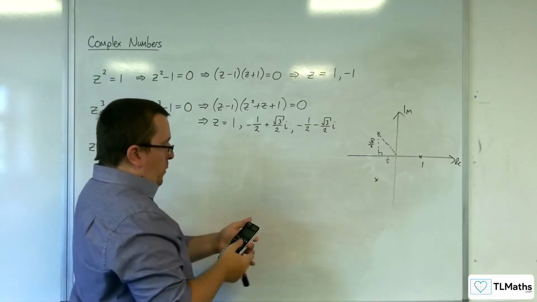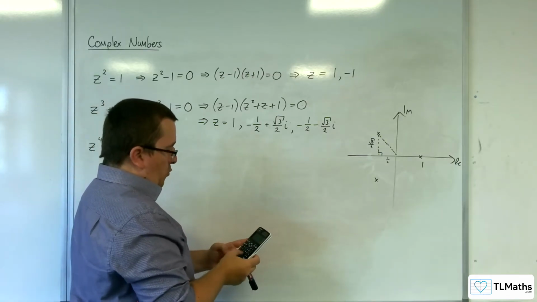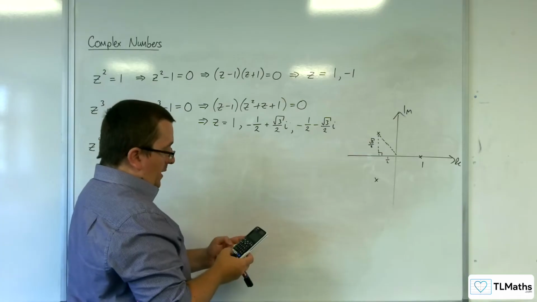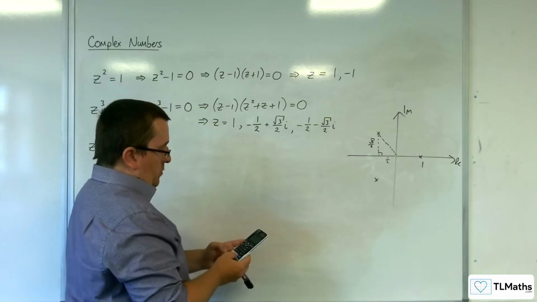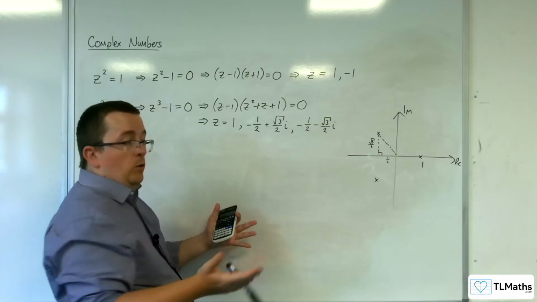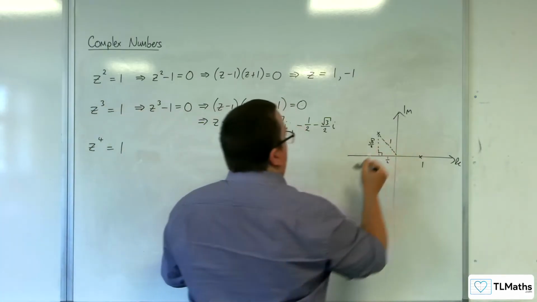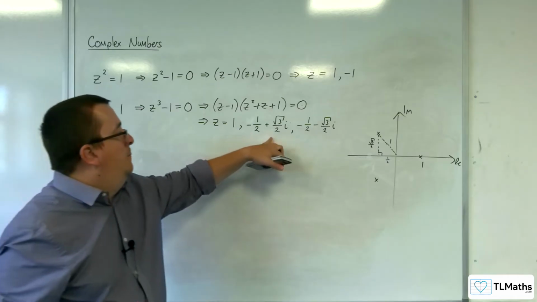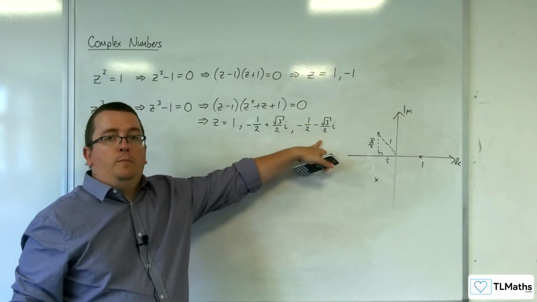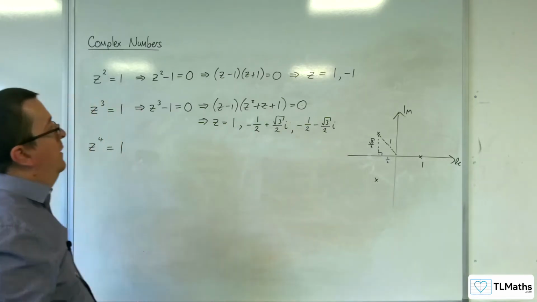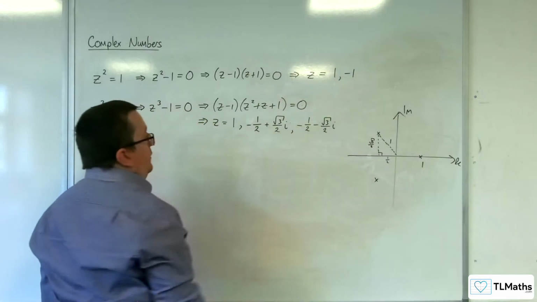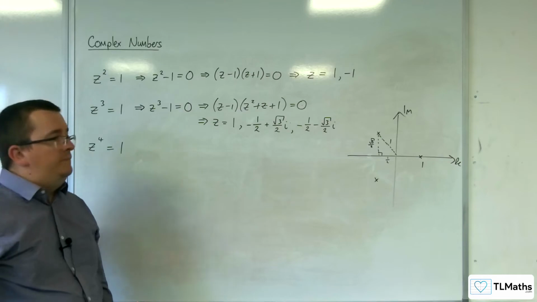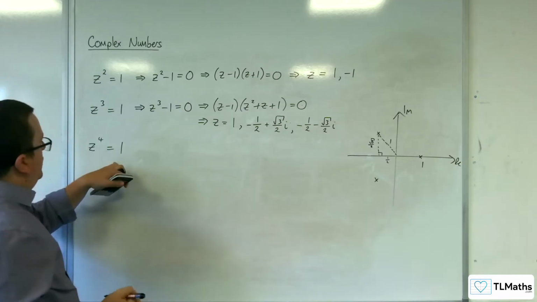So the square root of 1 half squared plus root 3 over 2 squared is equal to 1. So the modulus of both of those complex numbers will be 1. So far, the modulus of all of the roots we found have been 1. Right, let's have a look at this next one.